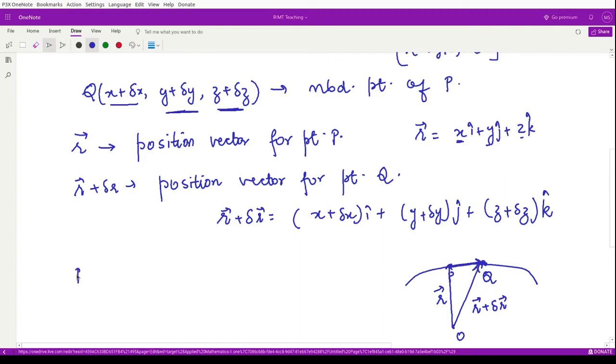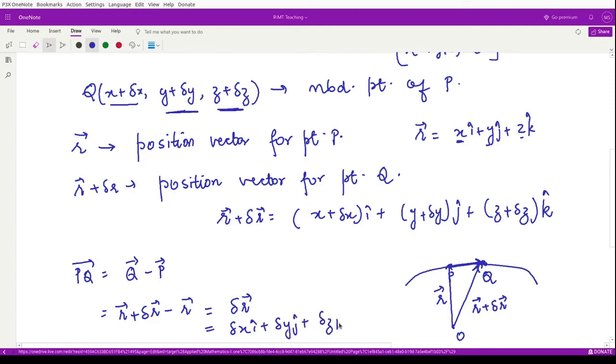Let me calculate the vector PQ. It would be the position vector of Q minus the position vector of P, so r plus del r minus r, which is equal to del r. And del r would be del x i cap plus del y j cap plus del z k cap.